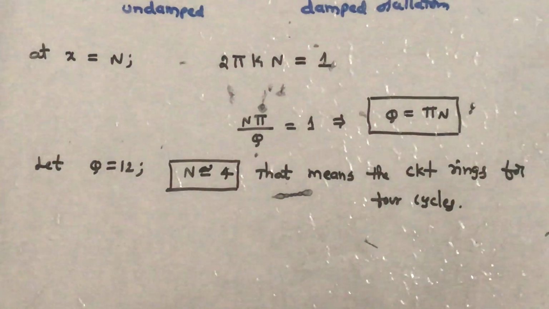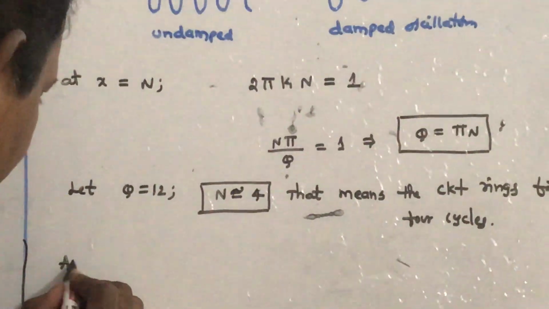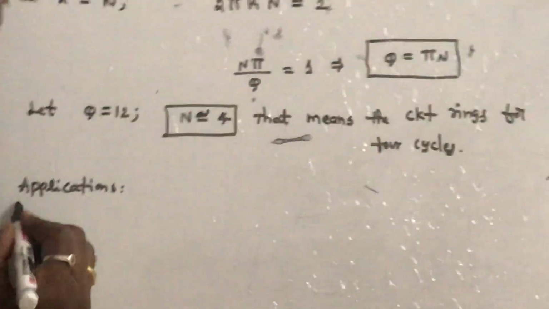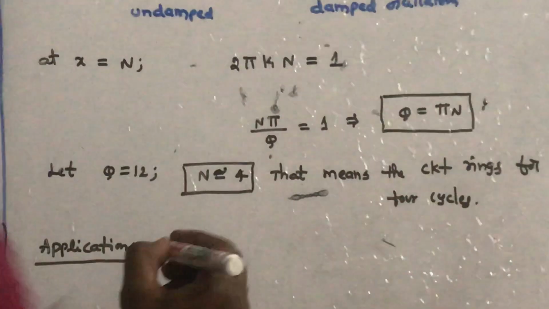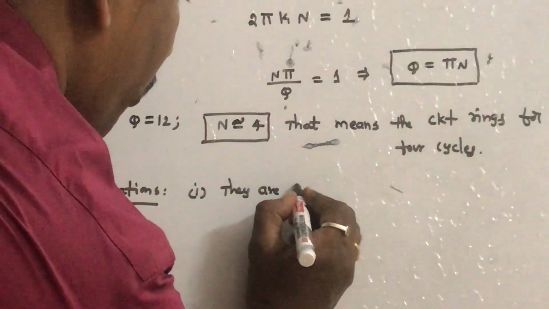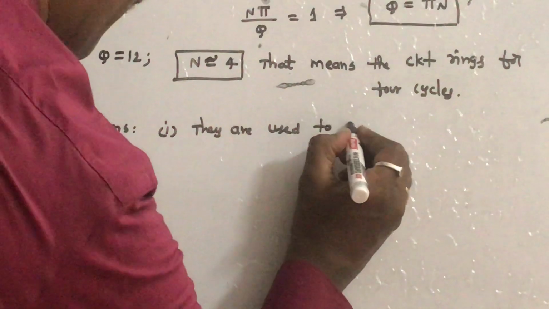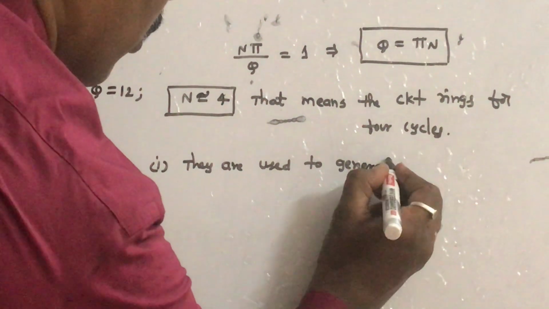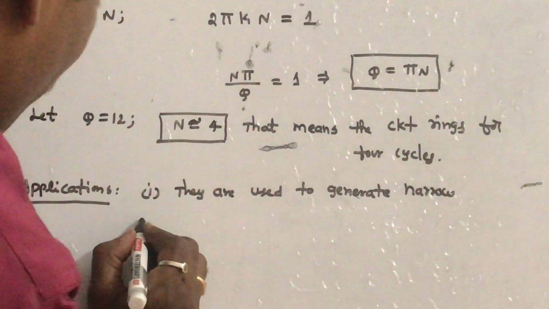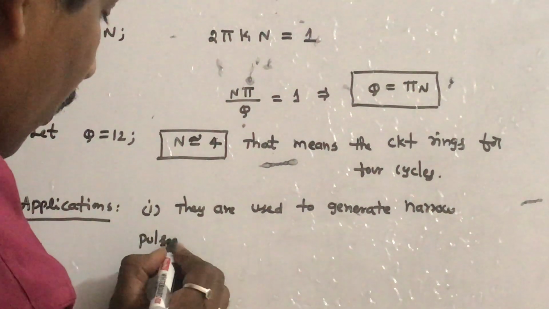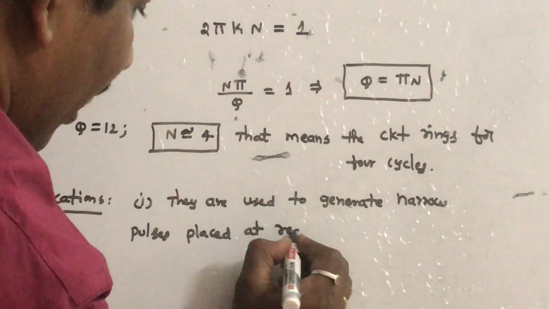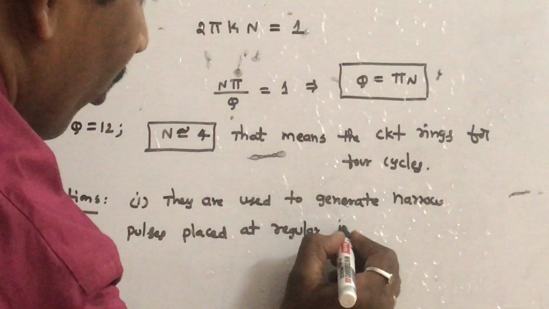So what are the applications of the ringing circuit? Number 1, they are used to generate narrow pulses placed at regular intervals.